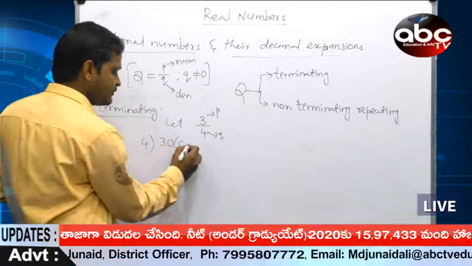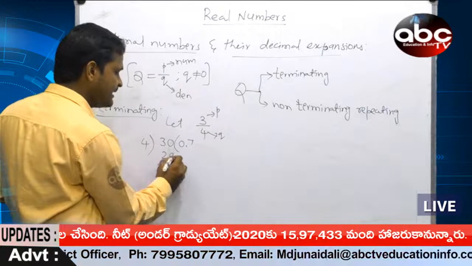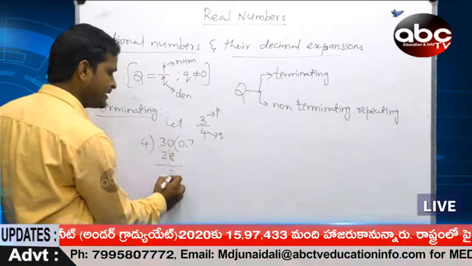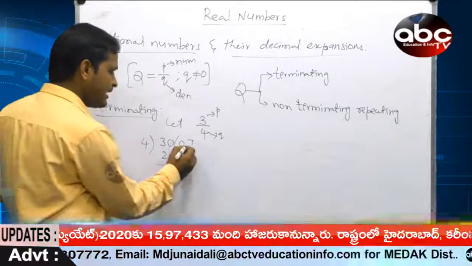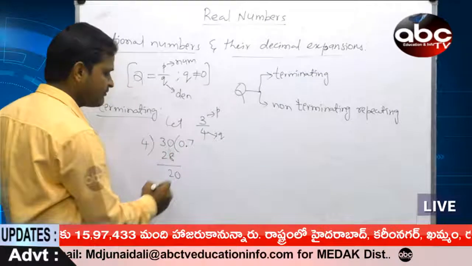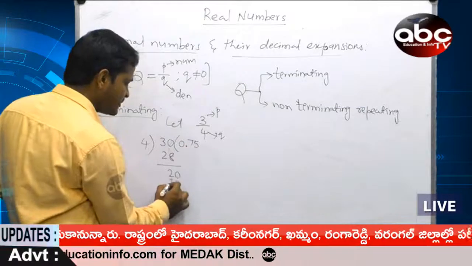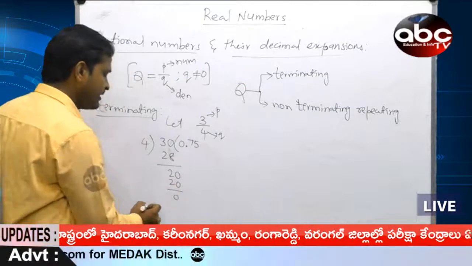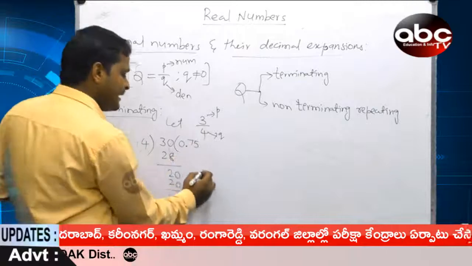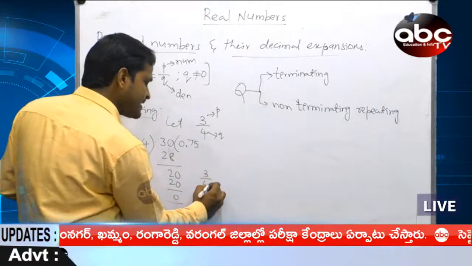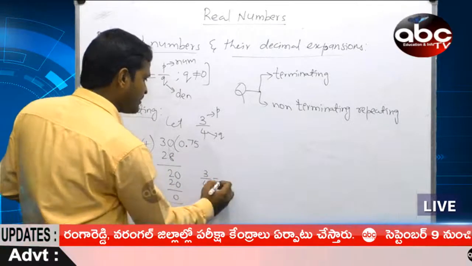Then 4 7s are 28, 30 minus 28 is 2. Already the decimal point is there. Then one more 0. Then 4 5s are 20. Then students, 3 by 4, what is the decimal value?